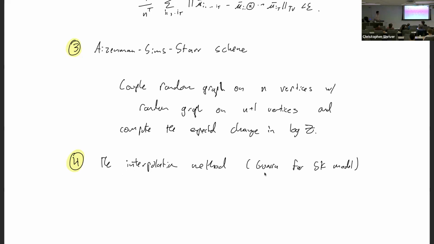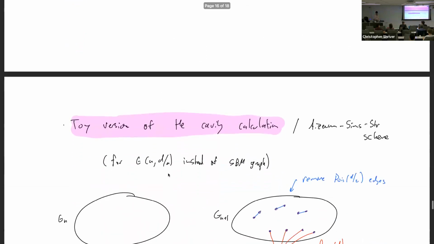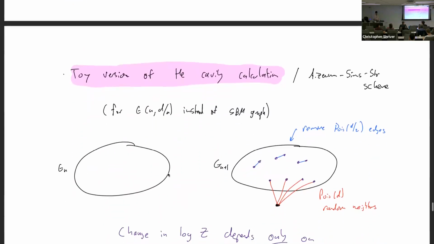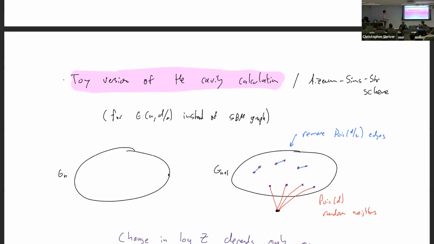This is a little bit magic when it works, and it is basically the reason we can't do it for the assortative stochastic block model. This ingredient just doesn't work. It is a huge open problem in the area to get around the cases where the interpolation method doesn't work.